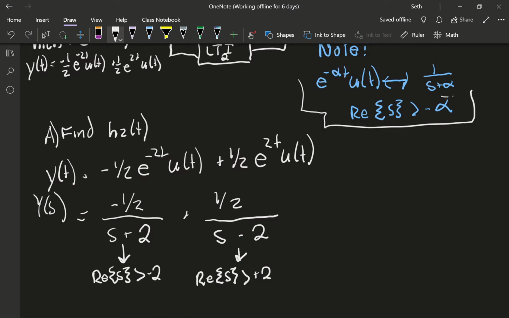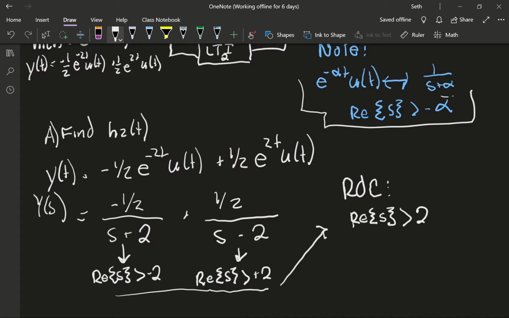So we can combine these two conditions, and we can write that the region of convergence for y of s is going to be the real part of s greater than 2, because this one converges for all values greater than minus 2, and this converges for all values greater than plus 2.